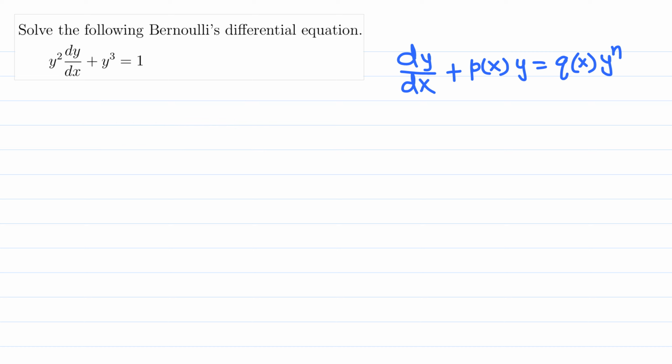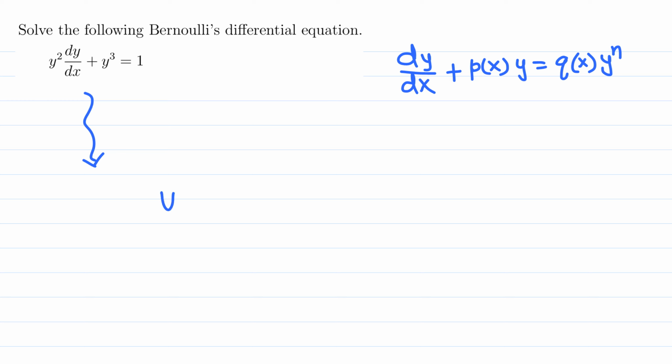To solve Bernoulli's equation, what we have to do is divide both sides by y to the n, and that's already done here. And then after we divide, we want to convert. Our goal is to convert it to a linear equation, and the variable will be, let's say, v.